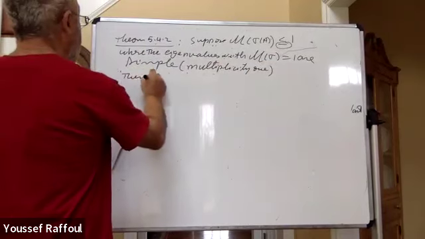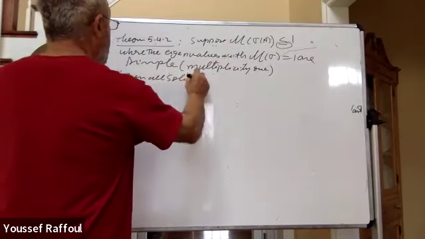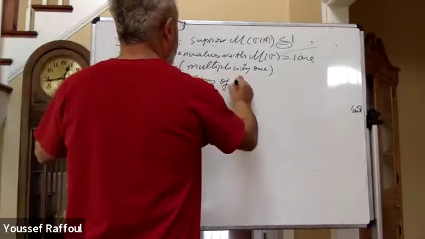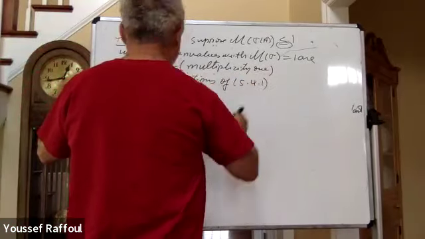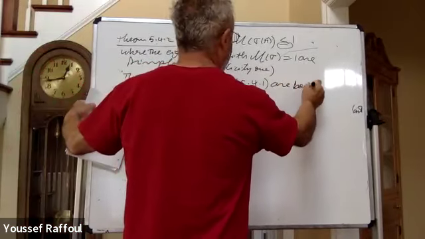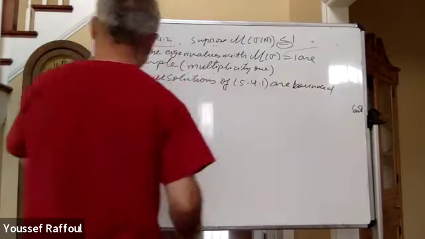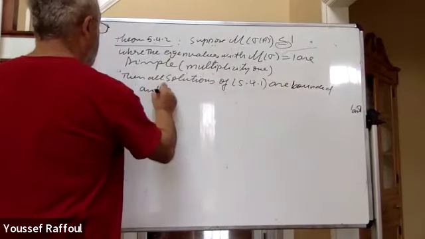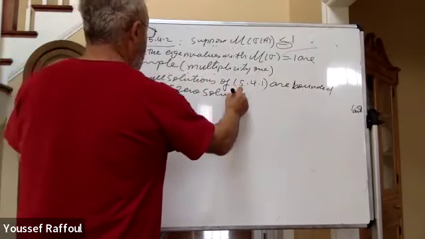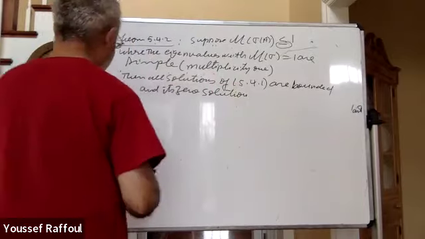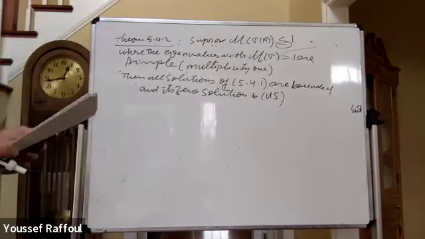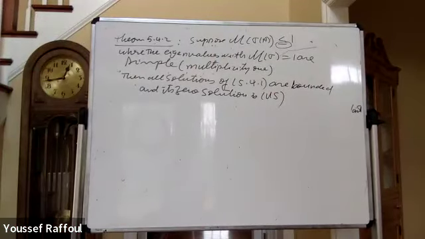Then all solutions of 5.4.1 are bounded and its zero solution is uniformly stable. So these are important things.